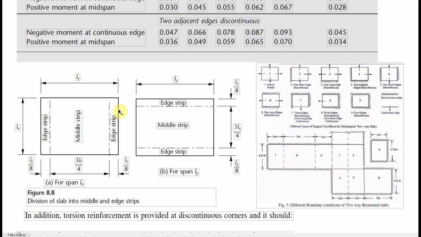Of the total reinforcement we have, 1/8 will be distributed on this side, 1/8 will be distributed in this place, while the main 3/4 will be distributed in this particular span. Likewise, this is for the span Ls, and this is for the span Ly. So that means it will be running along this side for this particular one, and this one will be running along this side for this particular one.